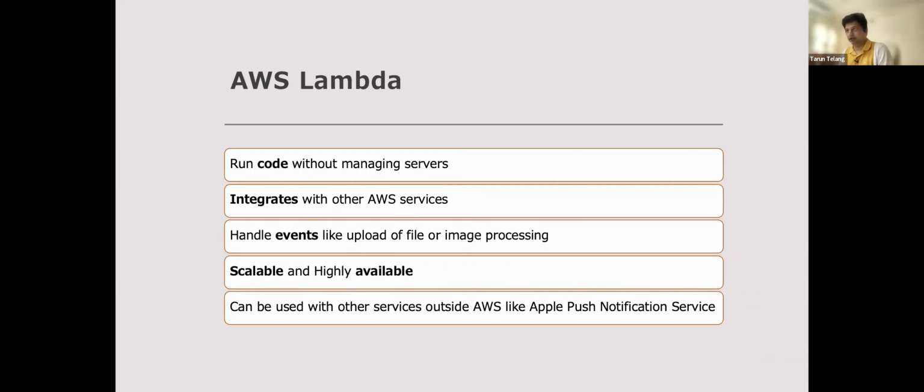So AWS provides internal service integrations within Amazon, and external service integrations to services outside Amazon. So these are some of the key characteristics of AWS Lambda, and as we saw, these were the benefits of serverless computing as well.